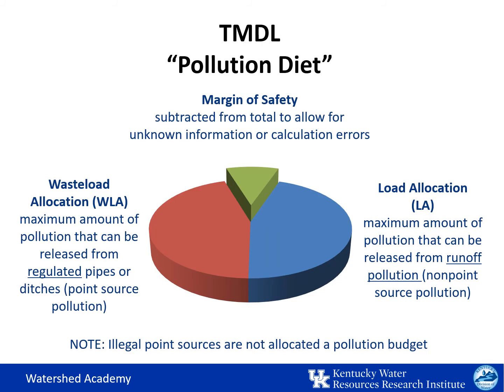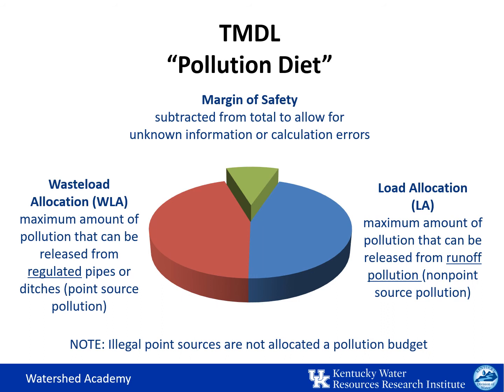A TMDL is sometimes referred to as a pollution diet to help people understand the concept. For this diet, restrictions are recommended from a waste load allocation or WLA portion of the pie. That's the point source contributions. WLA are permitted sources such as wastewater treatment plants, municipal separate stormwater sewer systems or MS4s, combined sewer systems, or other permitted sources.